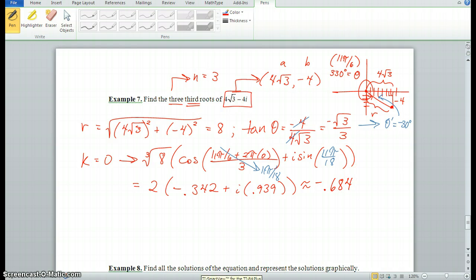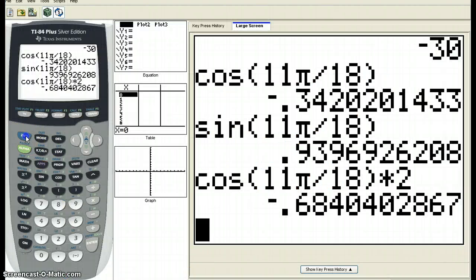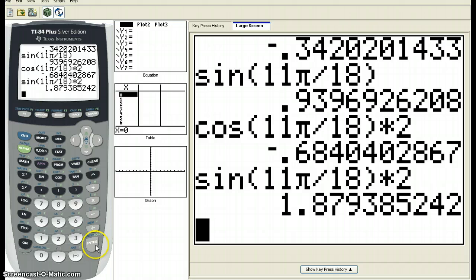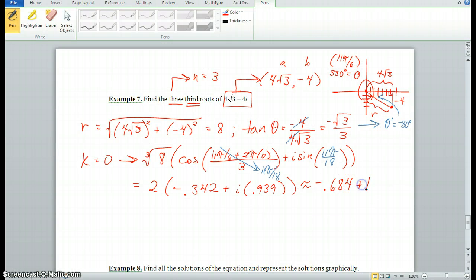And then in the other instance, I'll just hit second enter, times 2, 1.879. Positive 1.879. Don't forget your i. This is one of the 3 roots.